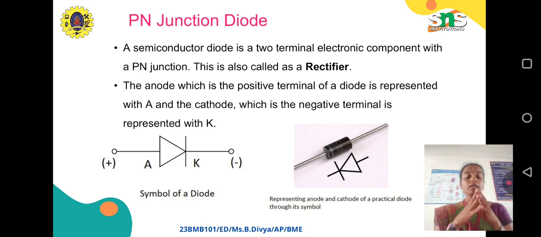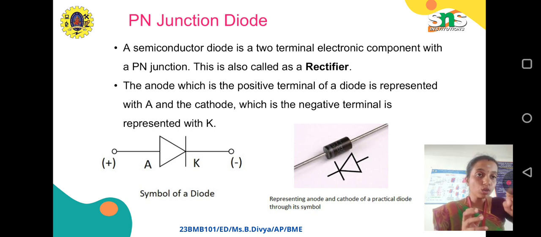In this PN junction diode we have two terminals: one is called the anode and the other is called the cathode. The anode is the positive terminal and the cathode is the negative terminal. You can see in this diagram that A is the anode and K is the cathode. On the right side we can see how the diode practically looks.